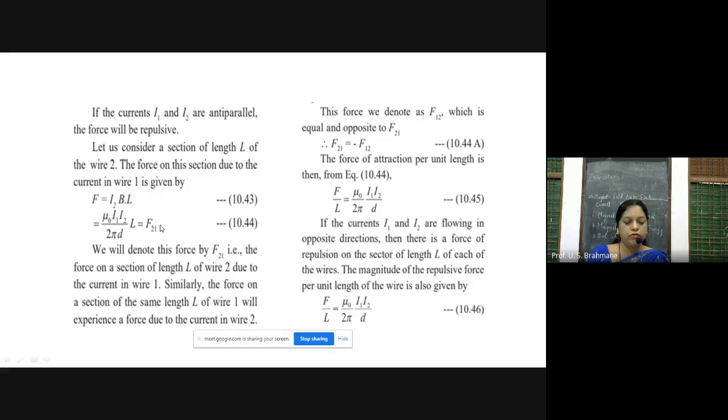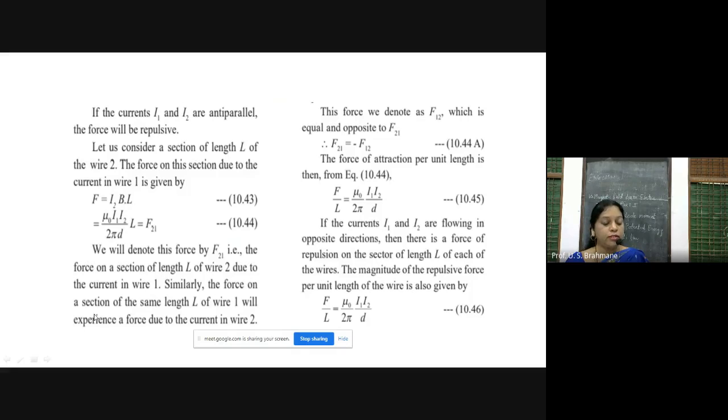This is the force on the section of length L of wire 2 due to the current in wire 1.